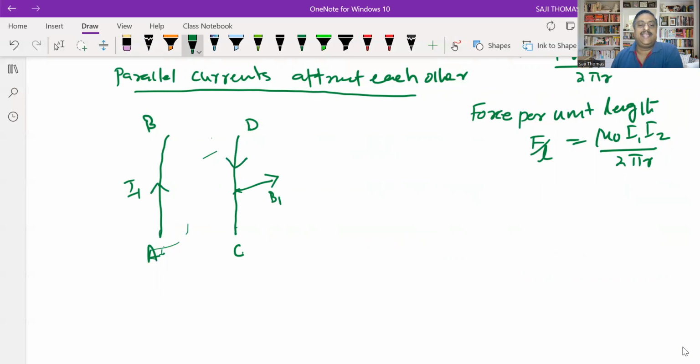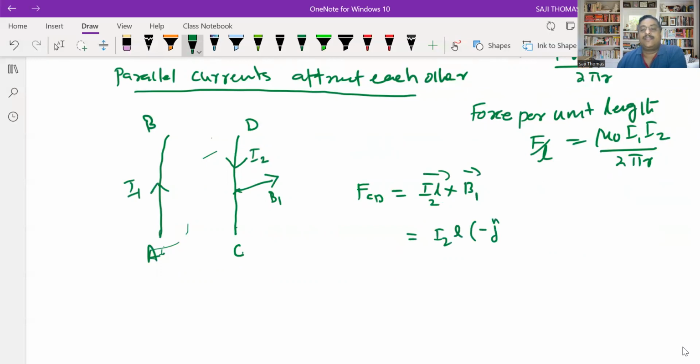Suppose CD carries current downward. So what will be the direction of the force? You know, FCD equals IL cross B1. Here current is I2, so I2L, and the current is along the negative J direction, minus J.